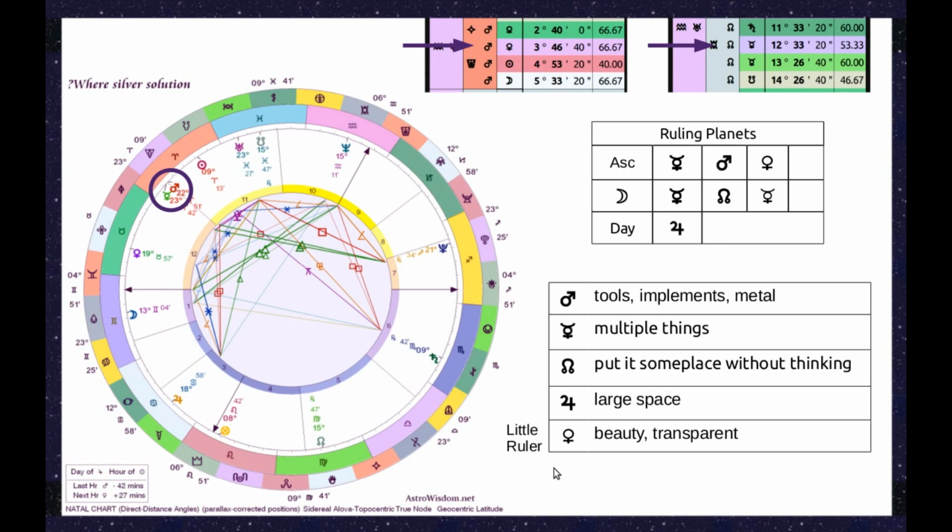And then the last planet to consider here is Venus. Venus, among other things, governs beauty and also things that are transparent.